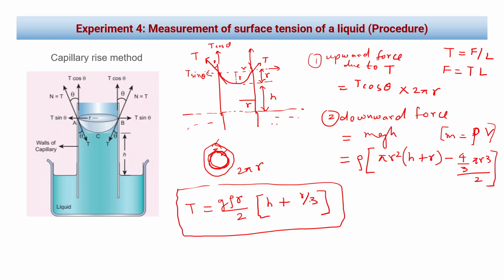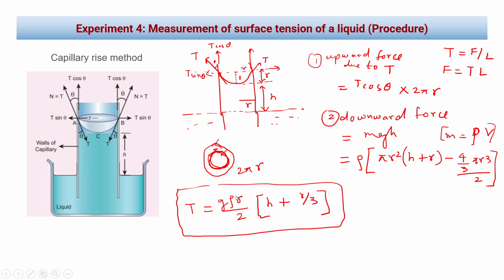Okay, so in this experiment, what had to be done, you must have already seen in the video. I'm just revising that here we'll take everything in this working formula. We can see g and density are constant for a particular liquid. So g will be the same, density will be the same.